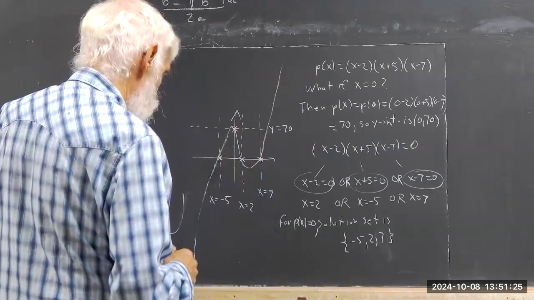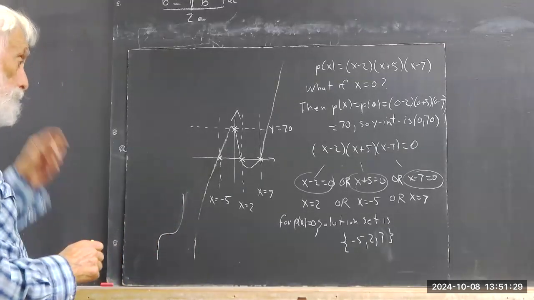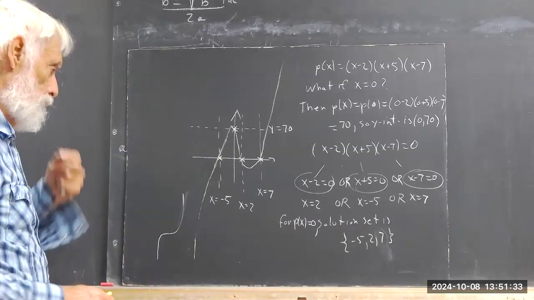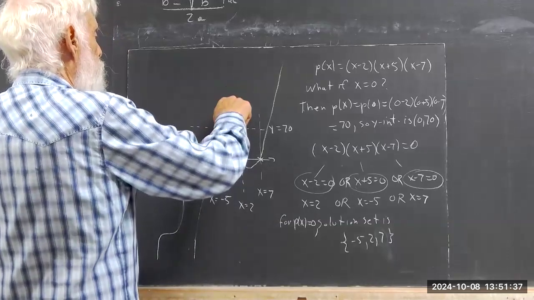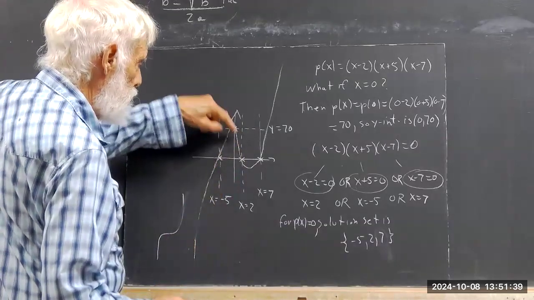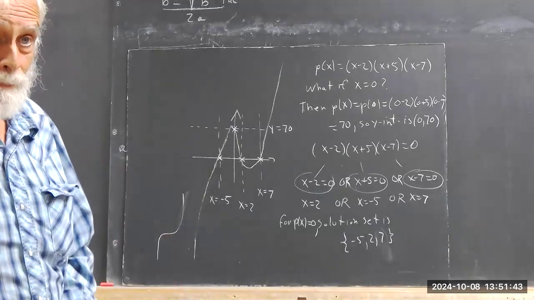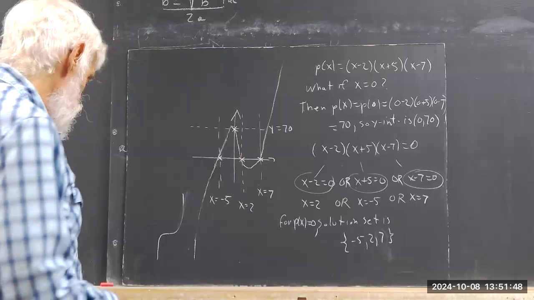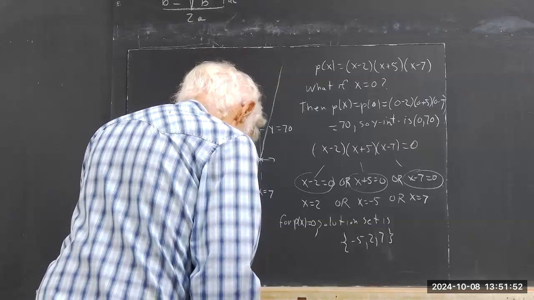That's badly drawn, partly because the chalk is really awful, and partly because my drawing is pretty poor. It's got to go through this point, this point, this point, this point. It can wiggle at most twice. So there it is.